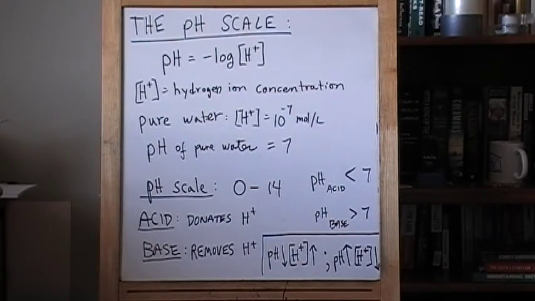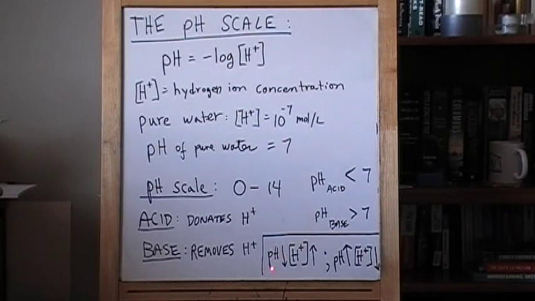And then towards the other extreme, you have something like bleach, which has a pH of 12. That's 10 to the minus 12 mole per liter. That's a very low number. That's 1 over a 1 with 12 zeros after it, or 1 trillionth of a mole per liter. So that's a very small amount of hydrogen ion.